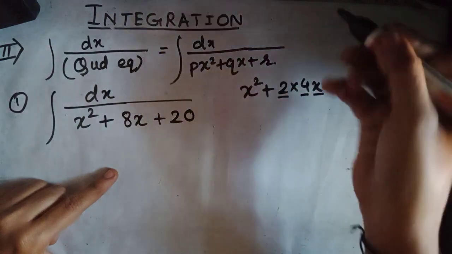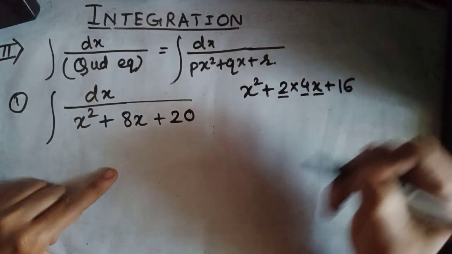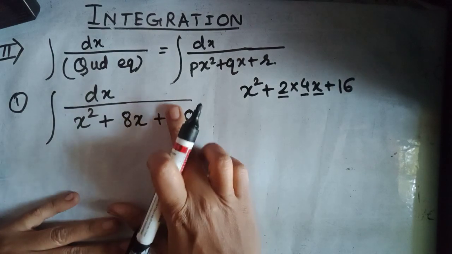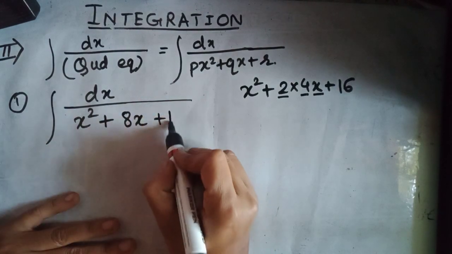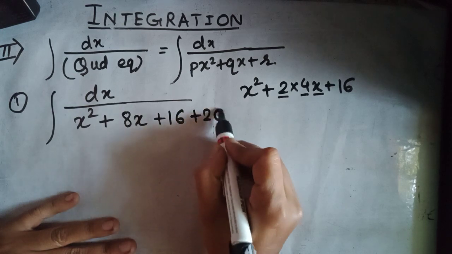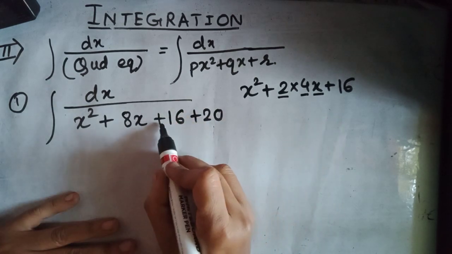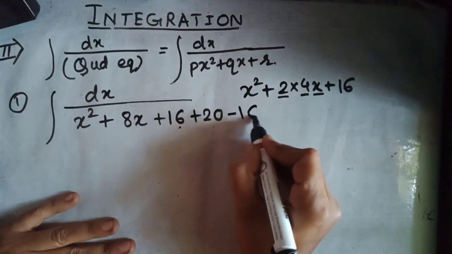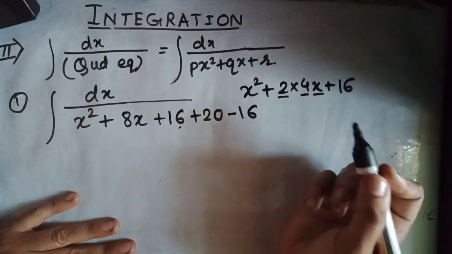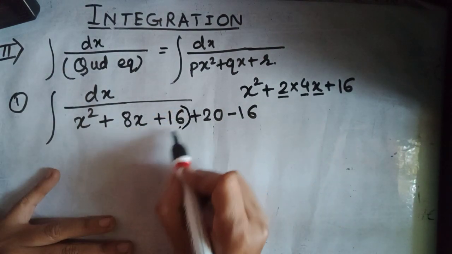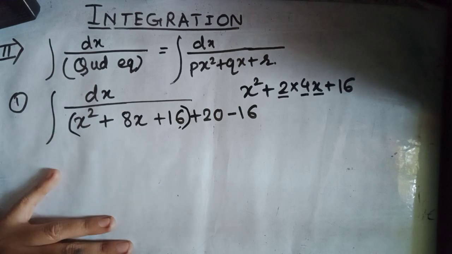So b square, 4 square, which is 16. So I can write this term as plus 16, and our original 20 is there, and one more term: if you have added plus 16, then you have to subtract 16. This is the adjustment you have to do. Now this is your a plus b the whole square.